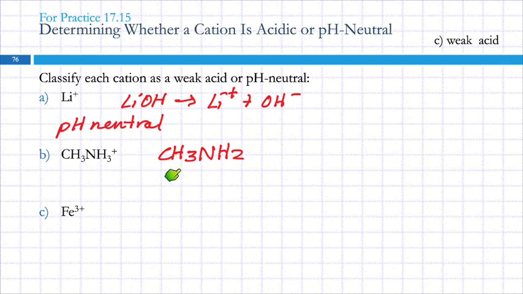We have carbons and hydrogens and one nitrogen, and that's all you need to know to recognize that as a weak base. It's a weak base. So because this is a weak base, that makes its ion a weak acid.